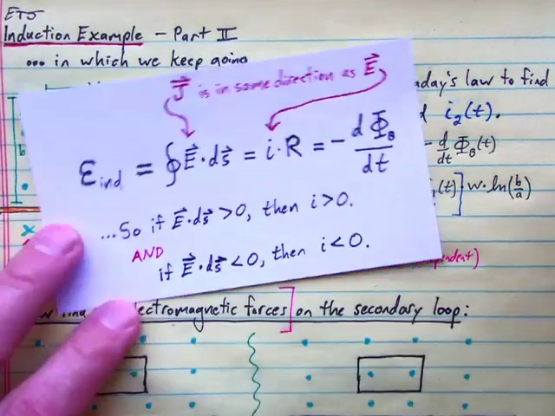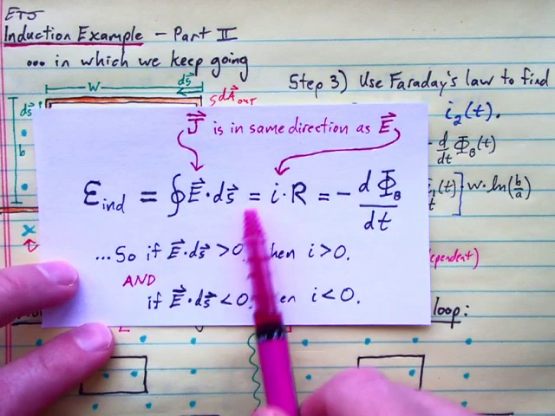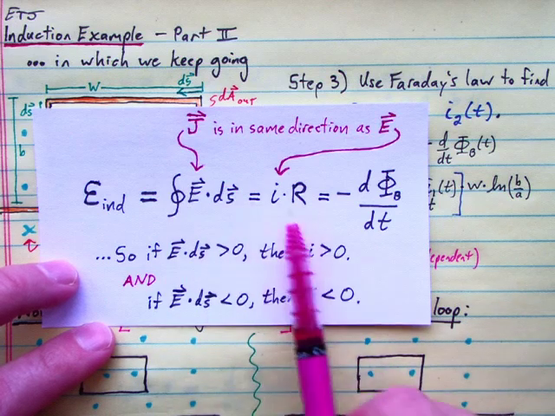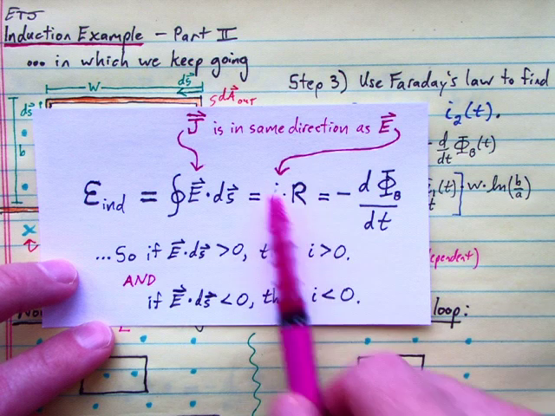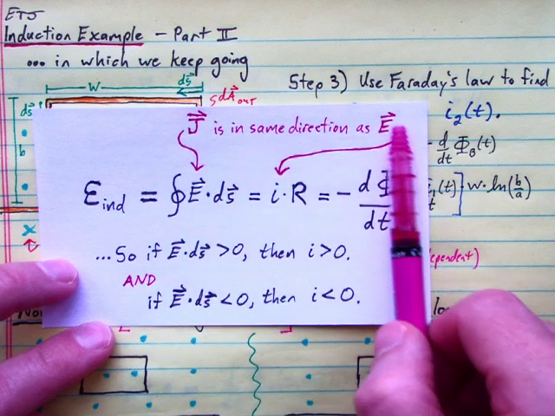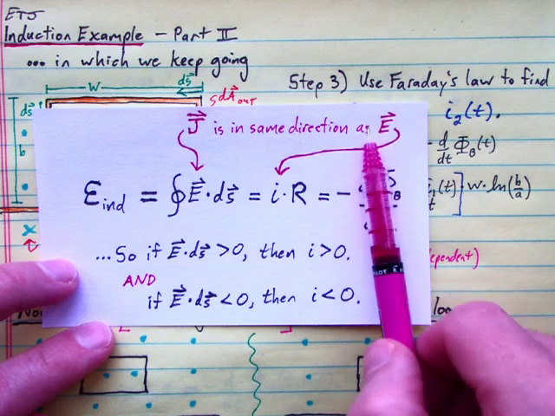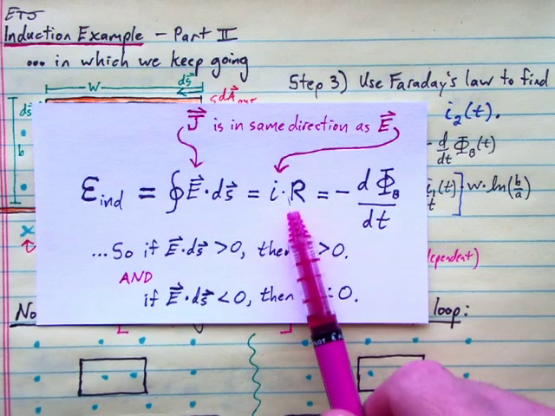Going back to this other form of Faraday's law, if E dot ds equals IR, this would be our induced current I2. That current and the current density J, based on this equation, is in the same direction as the induced electric field. So this is the induced E field that's driving our induced current here.